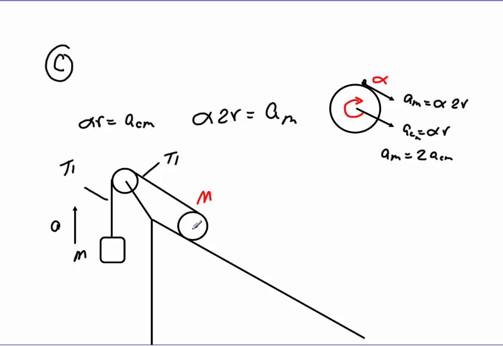Because again, if I draw a vector representing the acceleration of this object down the slope, then it's the same thing as alpha times this radius here. This string here, or what's attached to mass m, is going to be accelerating alpha times 2r. So I can say the acceleration of mass m is going to be 2 times the acceleration of this center of mass. And that's how you would set up part C.